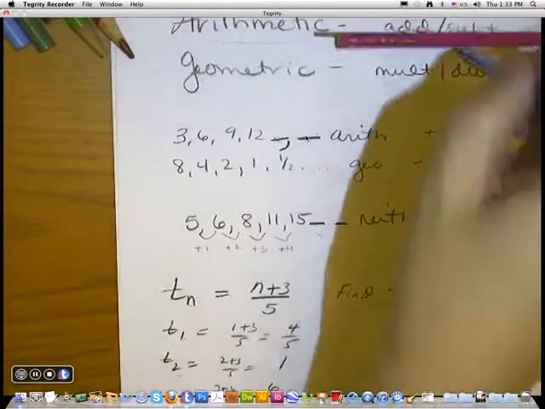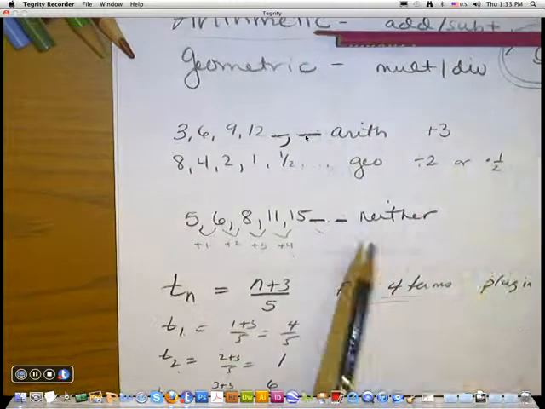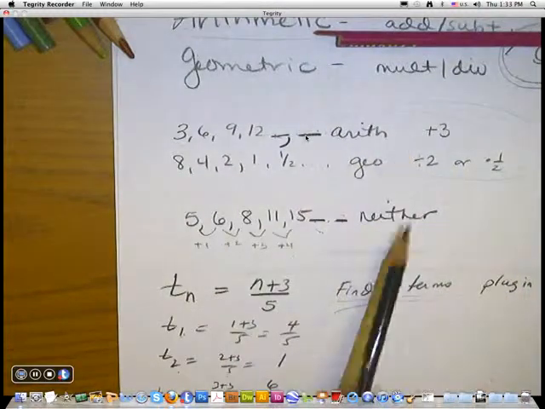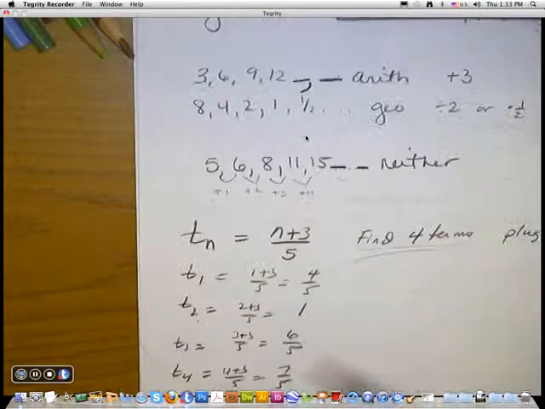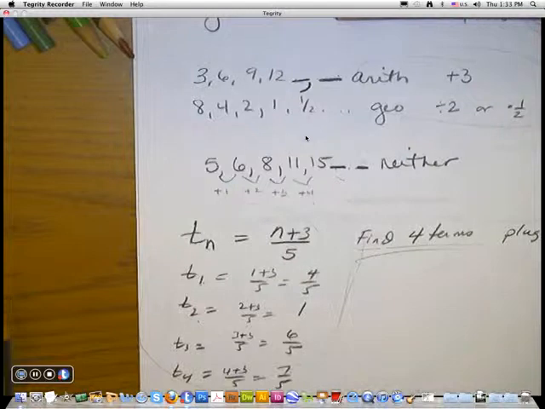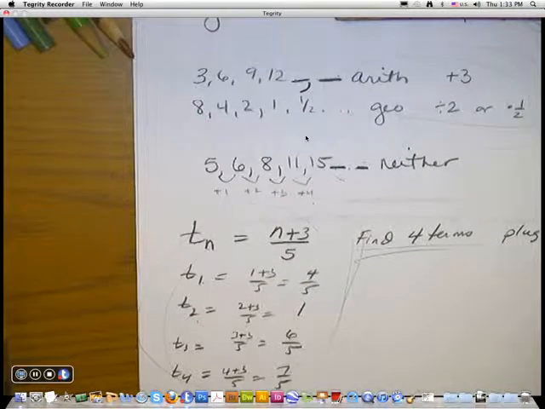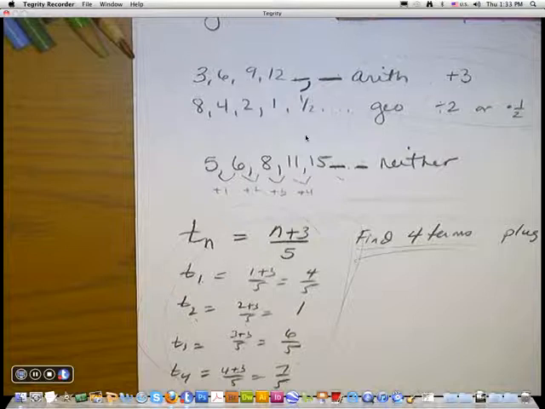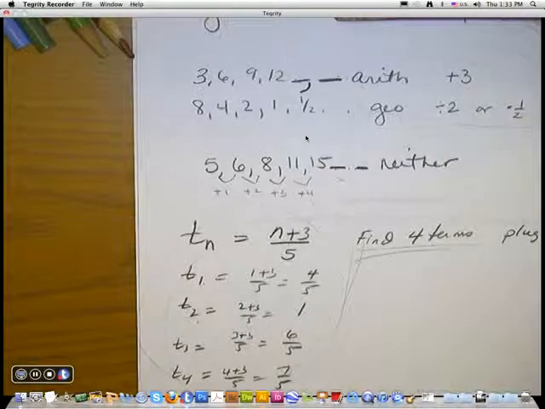So determine arithmetic, geometric, be able to tell how and why, or neither, and be able to find some terms. And then the last part will be just, there's some kind of pattern there. You need to figure the pattern and give me the next couple of terms. So that's 11.1.